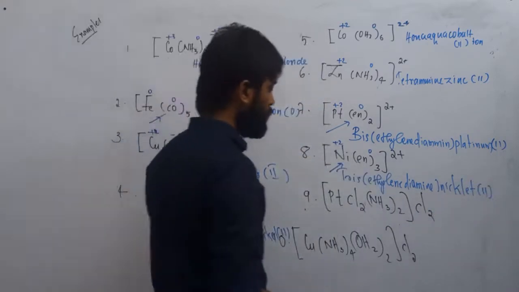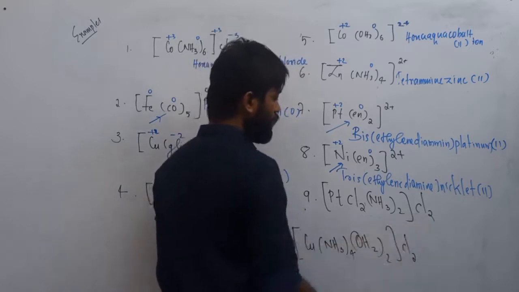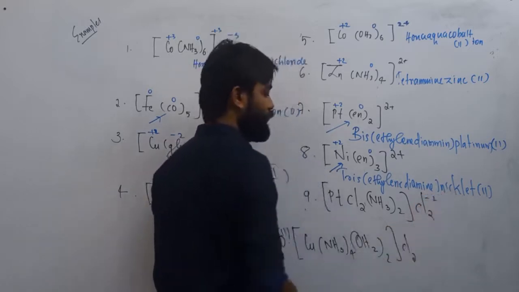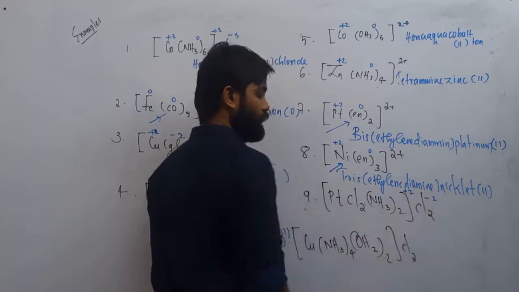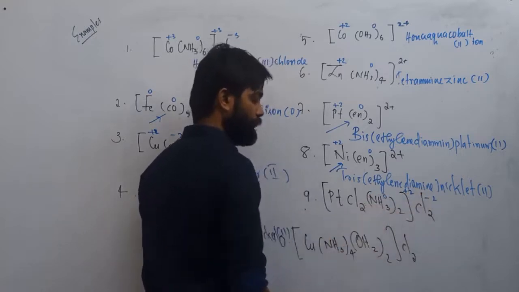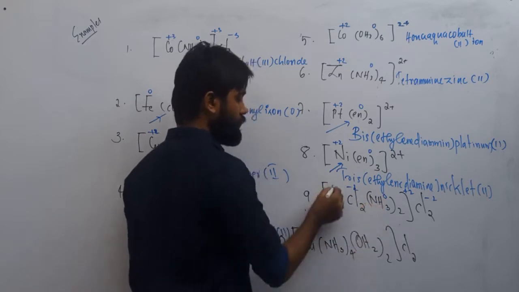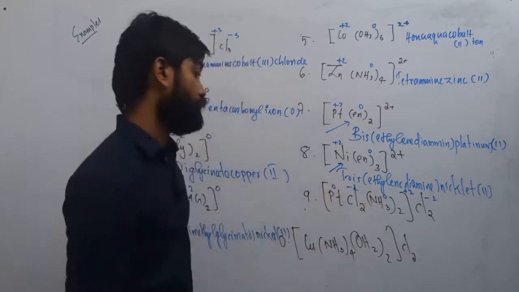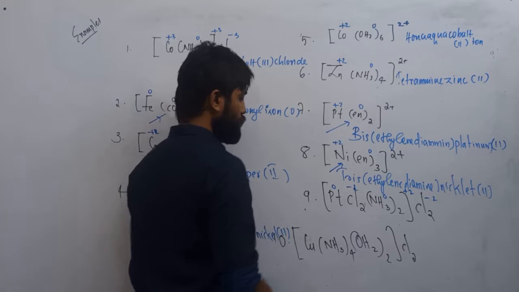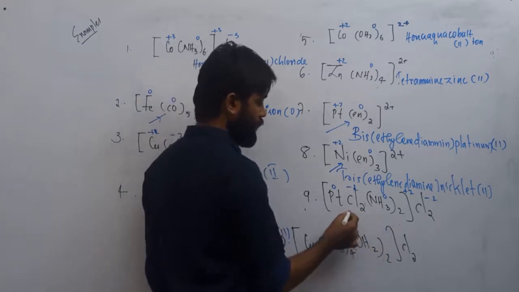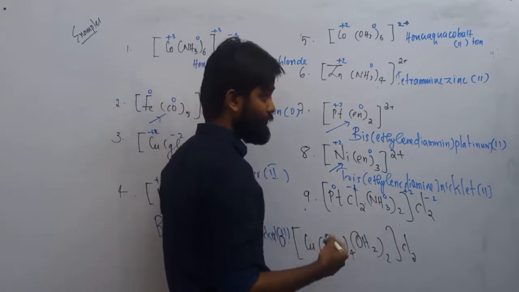Okay. The next, chlorine has -2, so the entirety has +2, or amine has 0. Okay. For these 2 chlorines, the charge is 0, so the platinum is in 0, I think. So what about the name? Ligand, chlorine is named first.